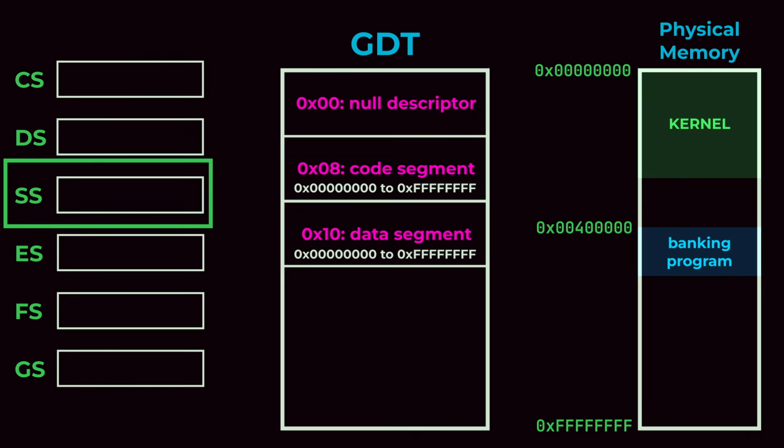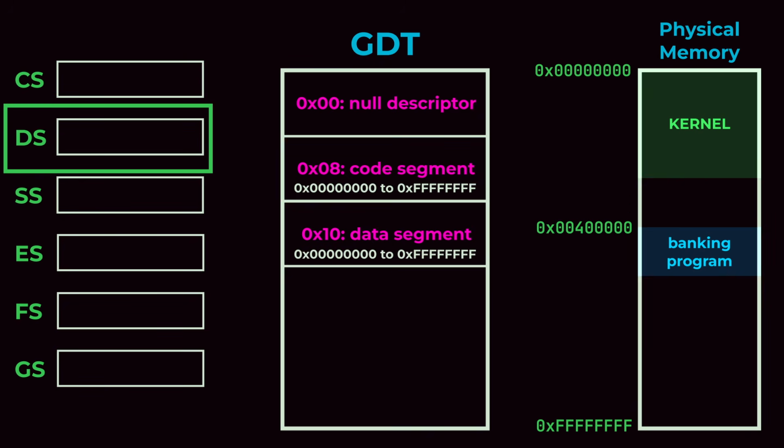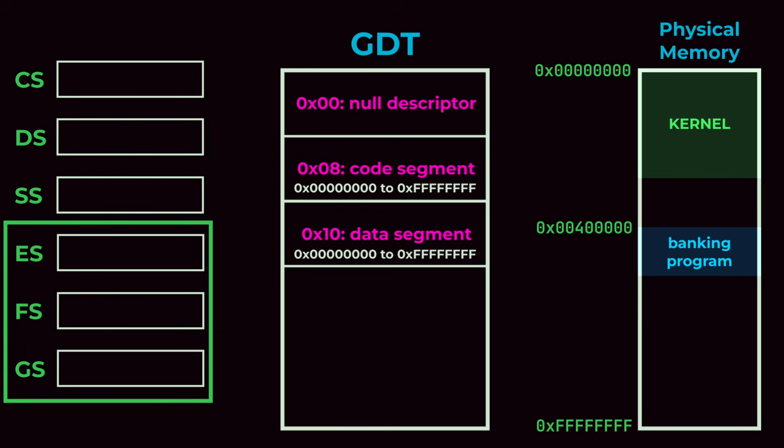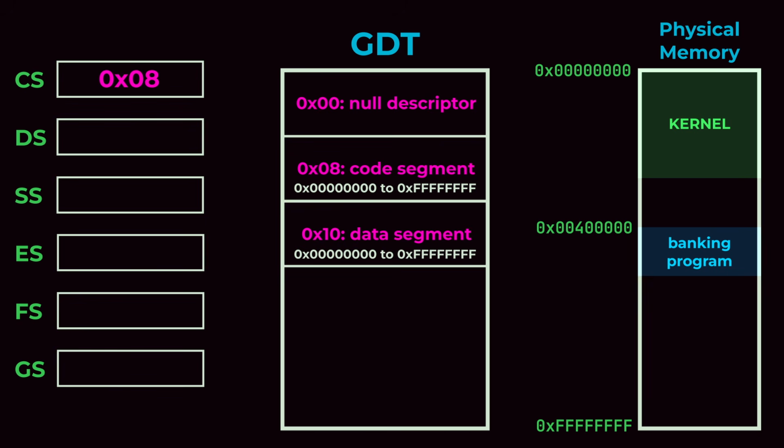We have the stack segment for stack operations, the data segment for data accesses, and additional segment registers for general purposes. And we now just set them in a very simple way. The CS register is set to the code segment and all others to the data segment. And then we'll build on that.